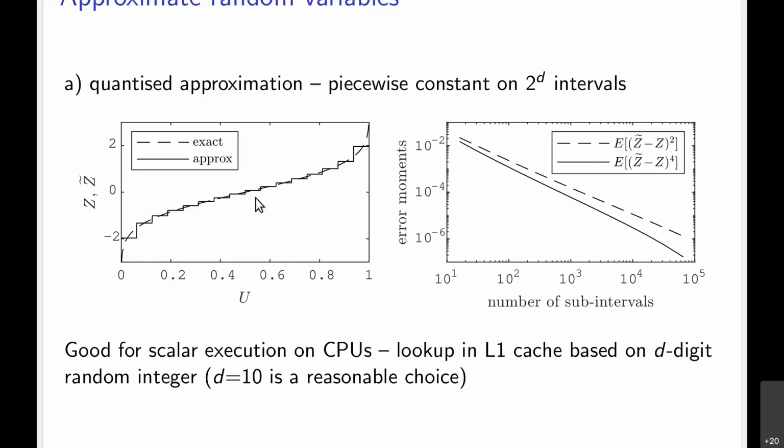And if you've got 1,024 numbers, if we're working, say, in single precision, that's 4 kilobytes. That sits comfortably in the L1 cache. And so that's a very cheap lookup process.